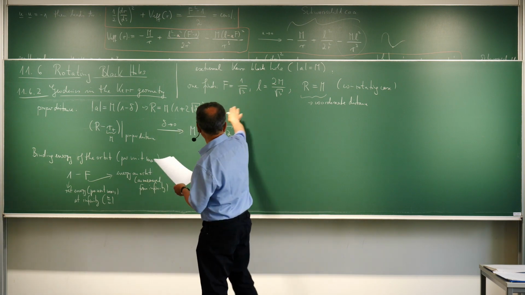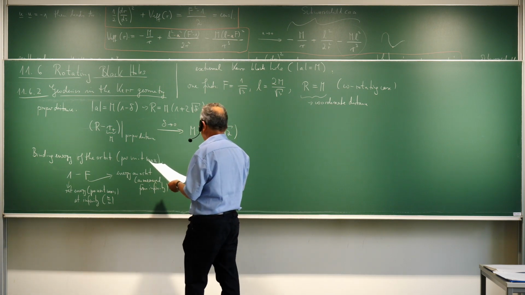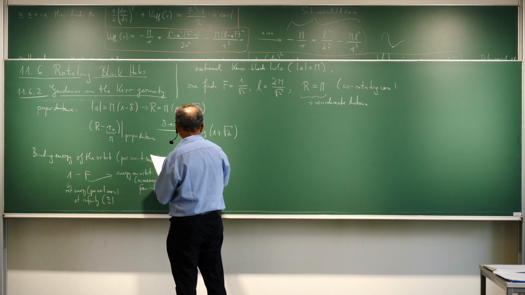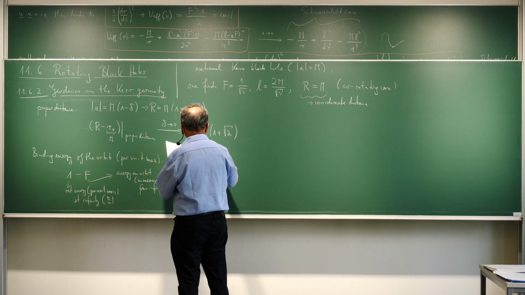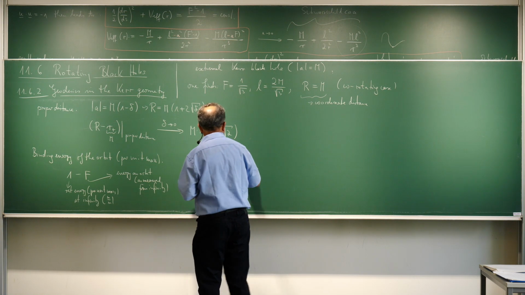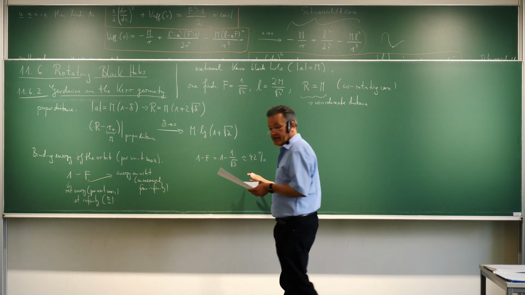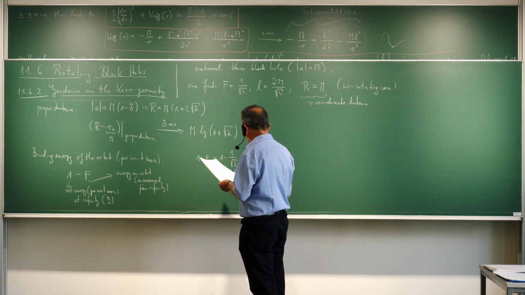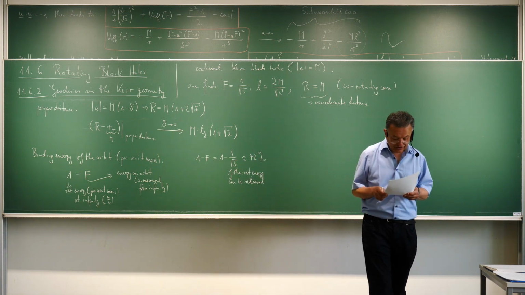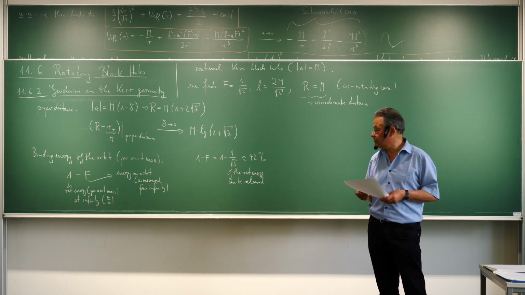Now, of course, the f is here 1 over square root of 3. So this means that you get here maximally, in that case, 1 minus f, which is 1 minus 1 over square root of 3, about 42% of the rest energy that can be released. So this is much more than the release of energy that you have, for example, in nuclear processes, which are only a few percent.